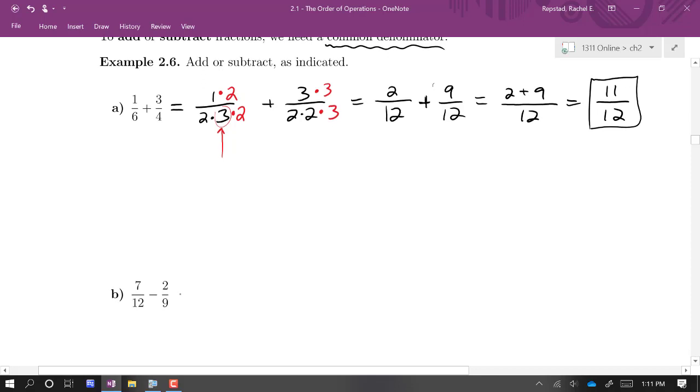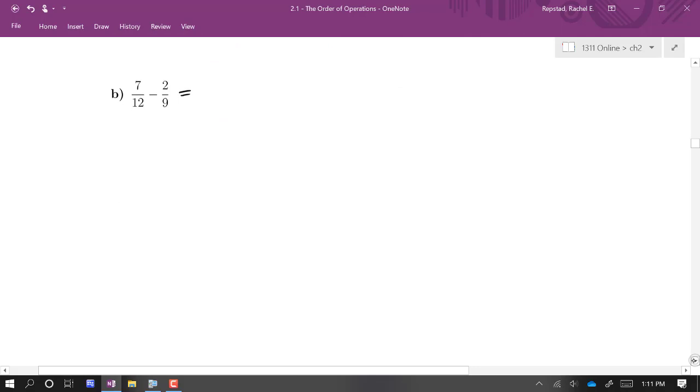Let's do another one. Here's a subtraction, 7/12 minus 2/9. I'm going to start by factoring the denominators. Twelve is 2 times 2 times 3. I usually factor all the way down to primes. It usually makes it easier for me to see what's missing or what might be missing.